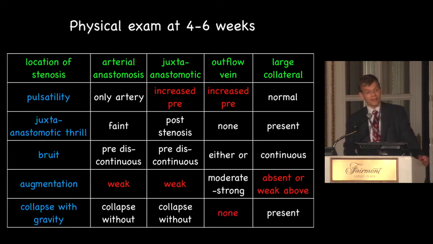Again, the one that throws off most people is the large collateral, where everything is fine. You hear a beautiful bruit, thrill, pulsatility is okay, but the key is you can't augment the access because the blood basically dissipates.